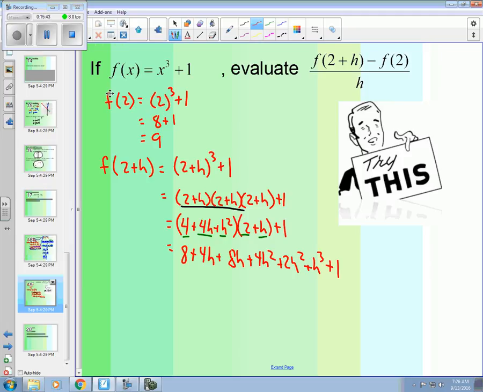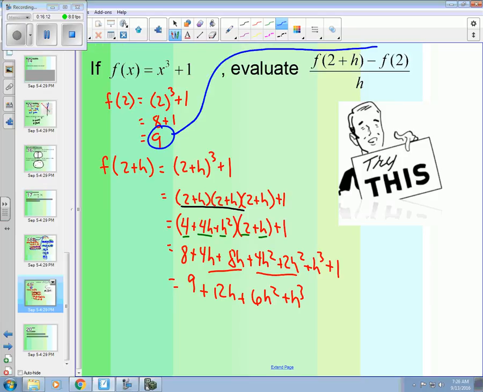Okay, now we want to go through, combine any like terms. So 8 plus 1 is going to be 9. We got these two are like terms, plus 12h. These two are like terms, plus 6h squared, plus h cubed. Okay, now we've kind of simplified that as much as we can. So now hopefully you plug those both into the difference quotient. So we're going to put 9 here.